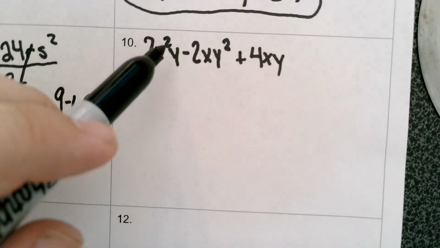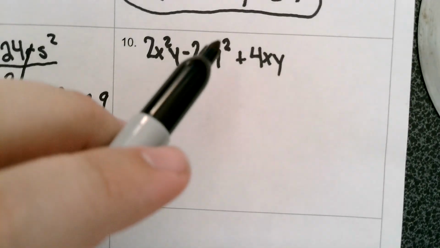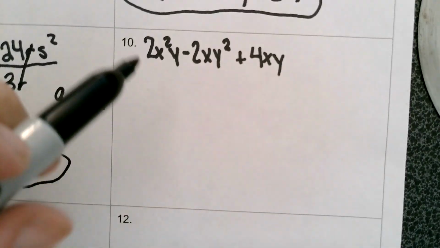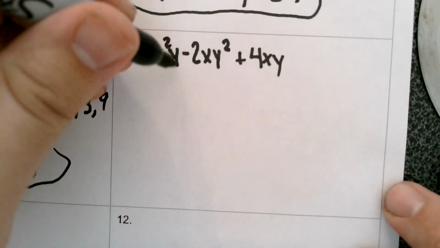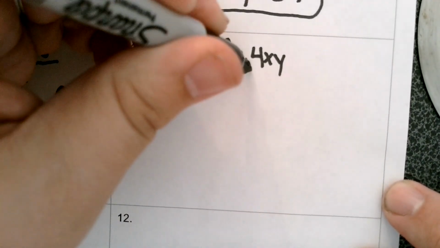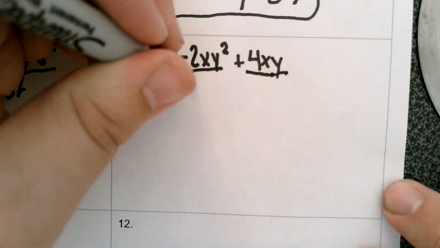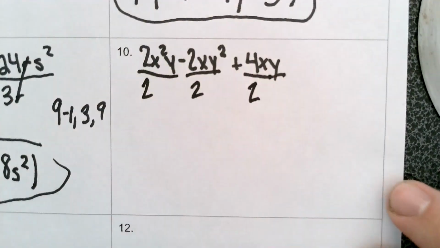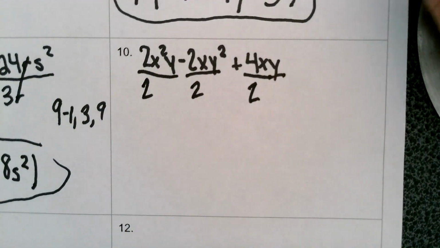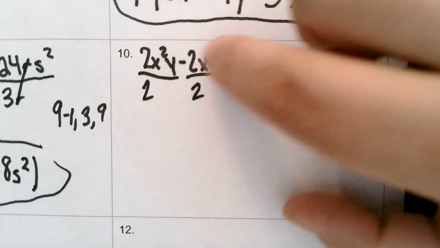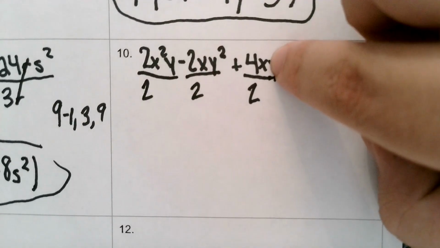2x^2y minus 2xy^2 plus 4xy. Okay, greatest common factor. 2 very much goes into everything because 2 goes into 4. Bam, bam, bam. Does everything have x? Yes, this has x, this has x, this has x.